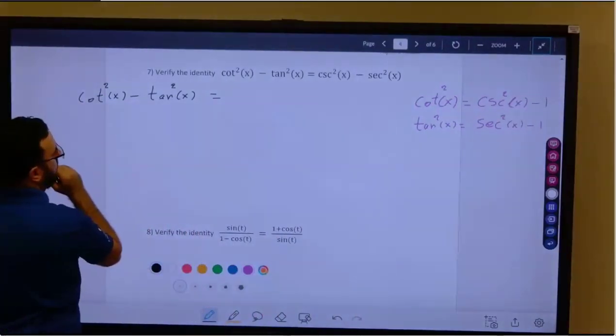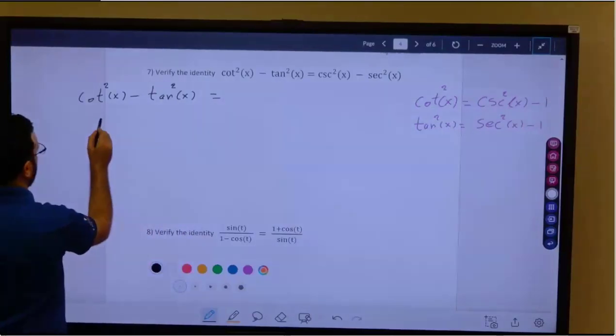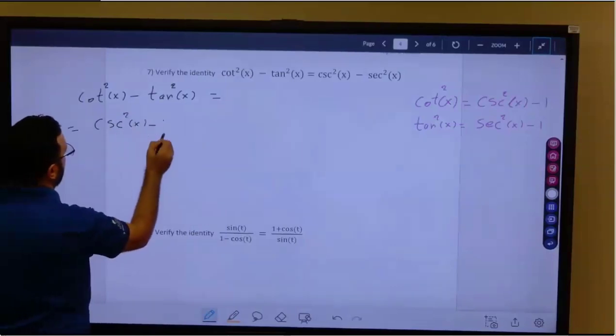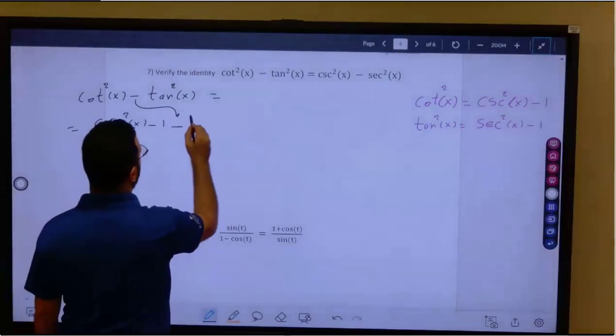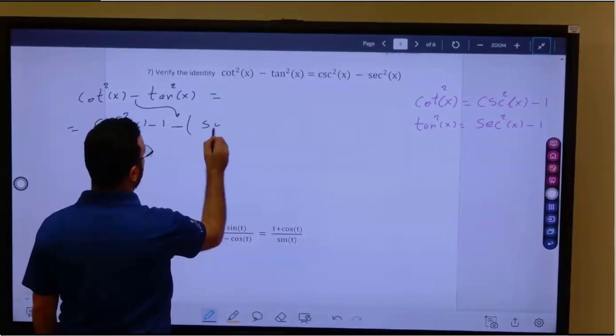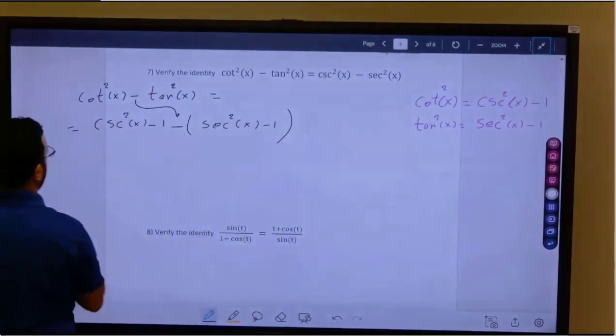Cotangent squared equals cosecant squared minus 1. So I'm going to write cosecant squared x minus 1. Here's the negative sign. Tangent squared, I'm going to open parentheses, equals secant squared x minus 1. Close the parentheses.